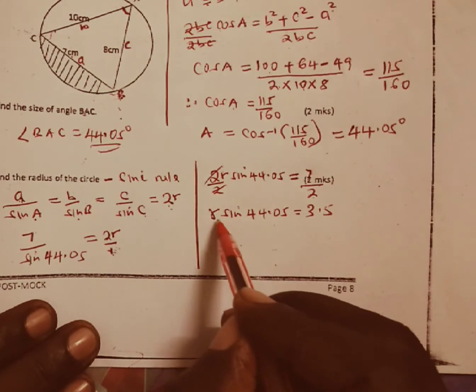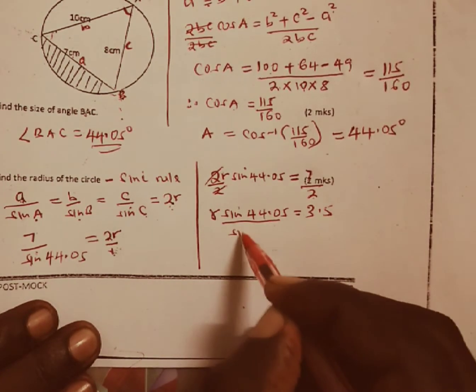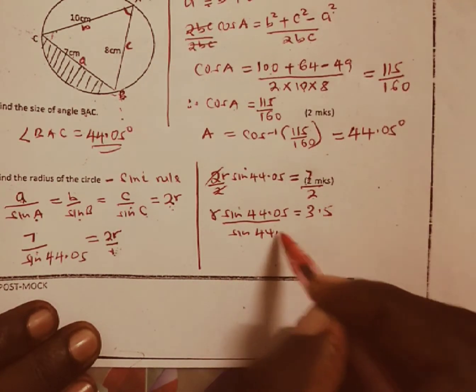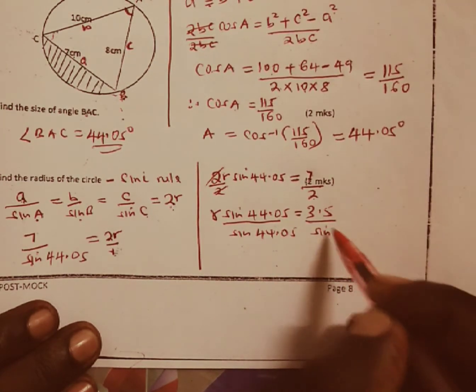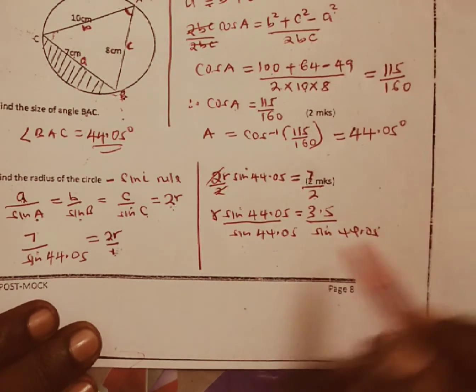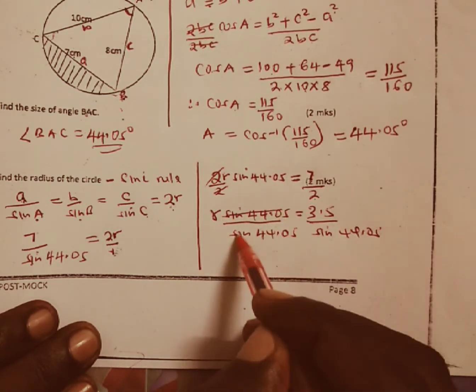From there, if you want to get the radius, we divide by the sine of 44.05 on both sides, such that this one and this one go.